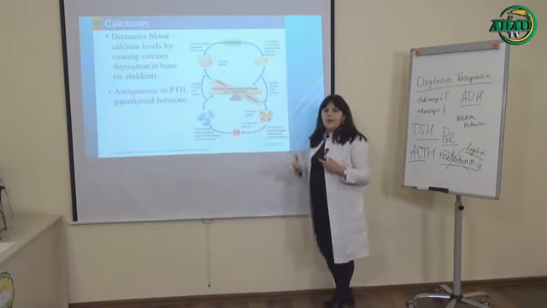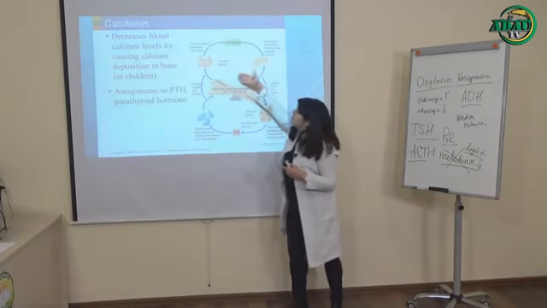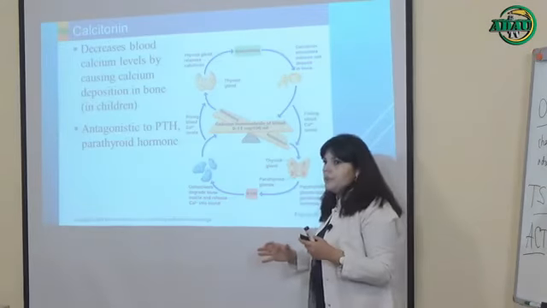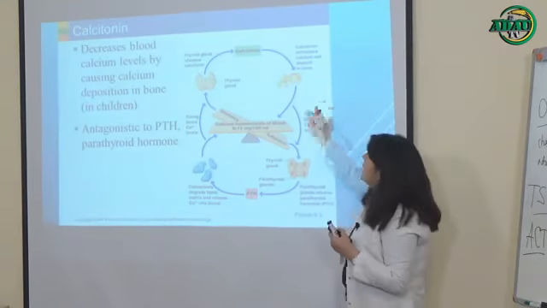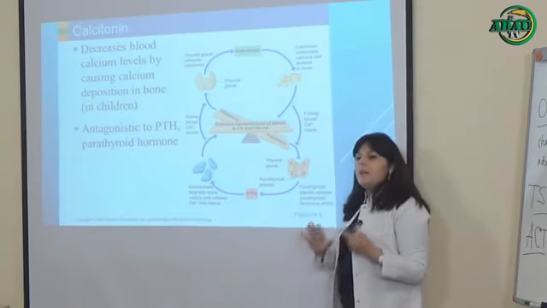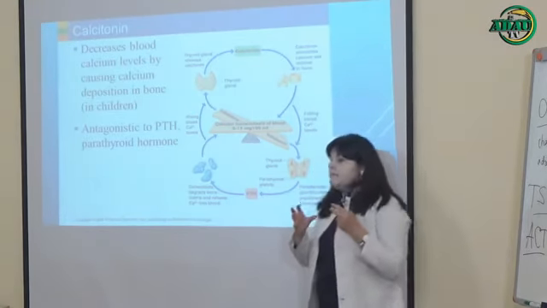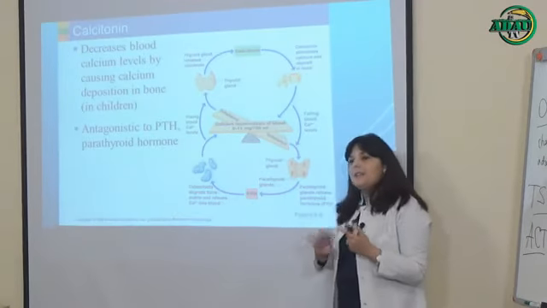Calcitonin becomes activated and takes these calcium ions from the blood into the bone. So the main direction of the effect of this hormone is to take the calcium from the blood and send it to the bone.